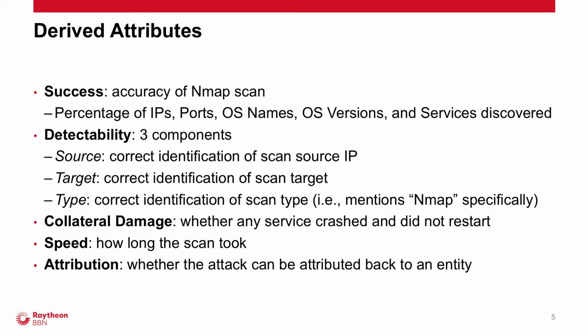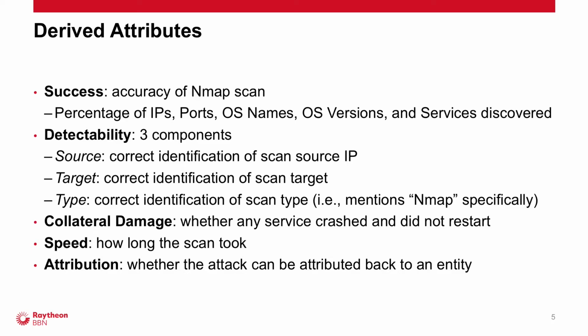However, for each experiment run that we do, we compute the specific values of these. So for instance, if we have an experiment run, and in that experiment run, the Nmap scan took, for the speed derived attribute, let's say 3 seconds, then that's a data point that we have.